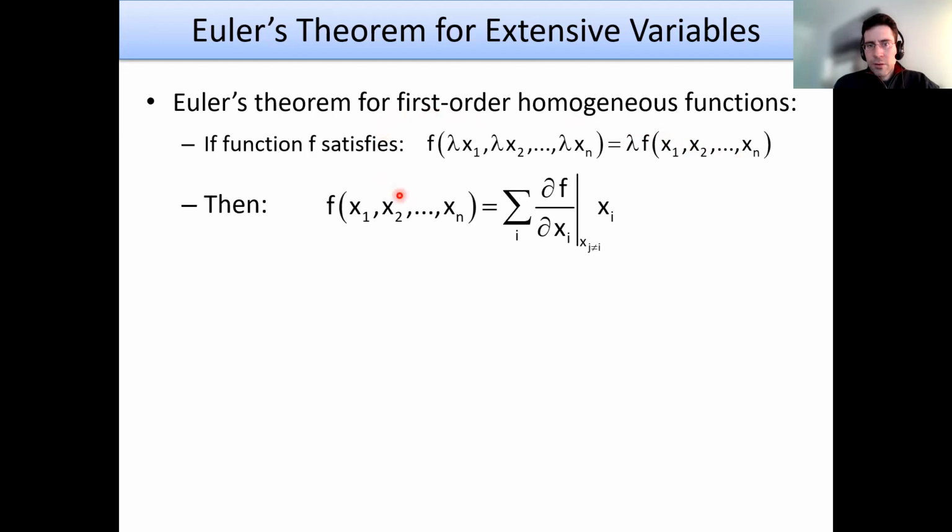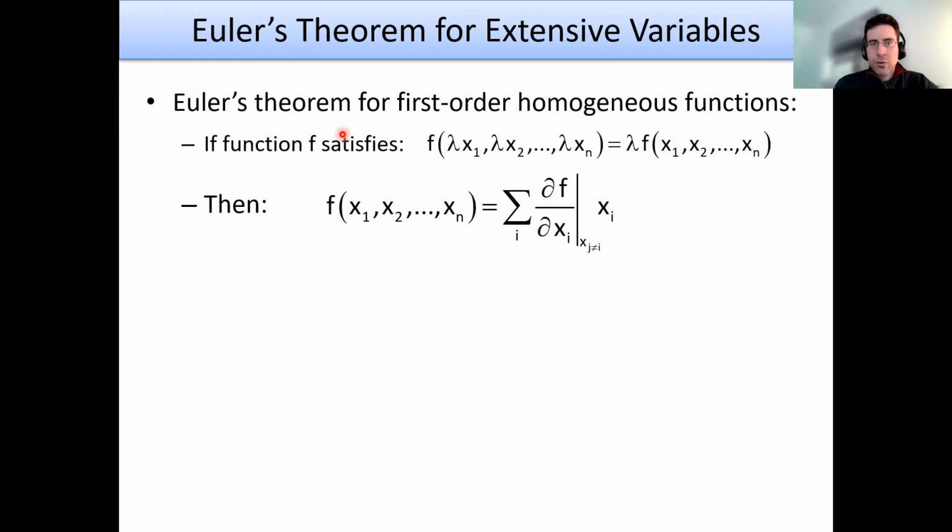So the application to that, which we will discuss in a moment, will have to do with a thermodynamic potential that is also an extensive variable. So the internal energy is a function of extensive variables, and it is also an extensive variable itself. So this means that the internal energy satisfies this condition.